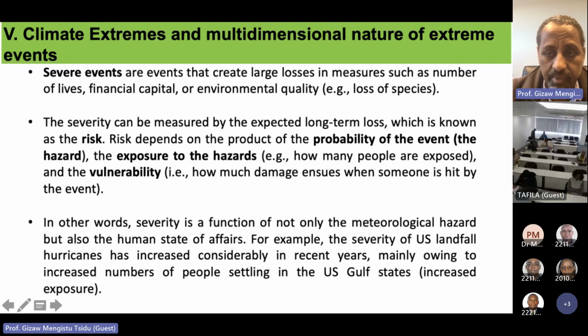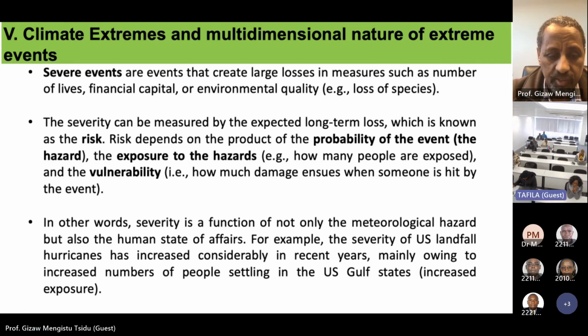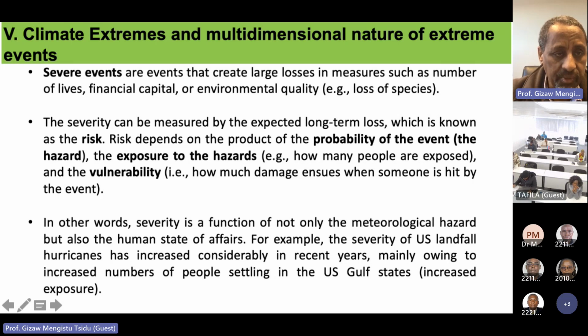Severity you can measure using risk, which depends, as I said yesterday, on the probability of the event or the hazard itself, exposure to the hazard, and the vulnerability, which is how much damage will follow when someone is hit by the event. So this information will be used to characterize severe events.